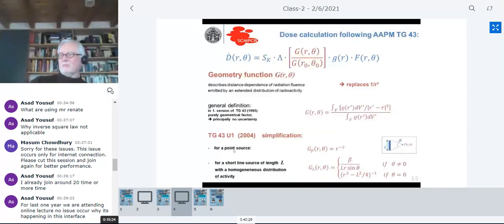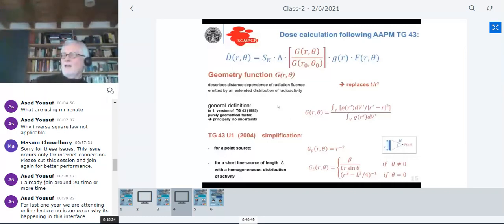Okay, then we use the geometry function. The geometry function, this here is actually what TG43 used to write, but it's not really quite correct. The geometry function is meant to replace the inverse square law, which is only valid for a point source, with the law which would be valid for an extended source.